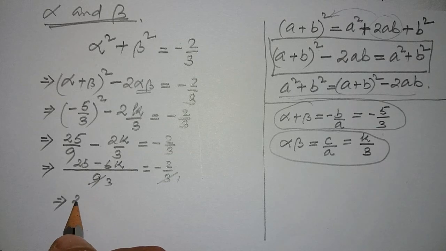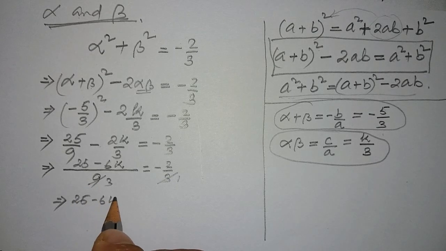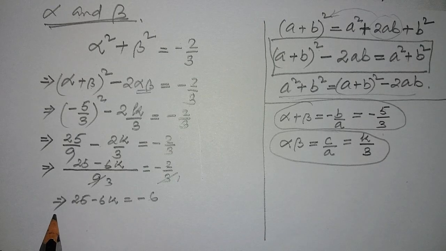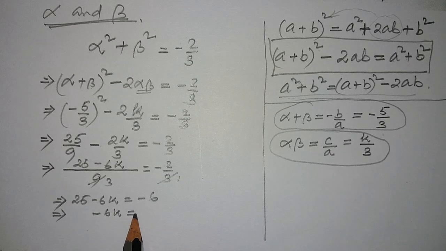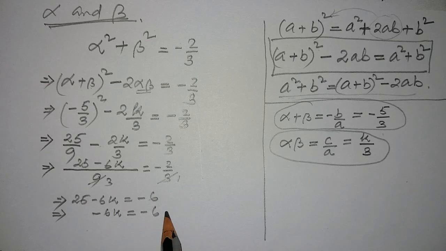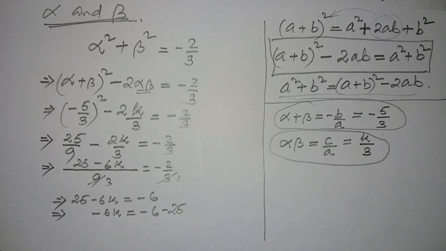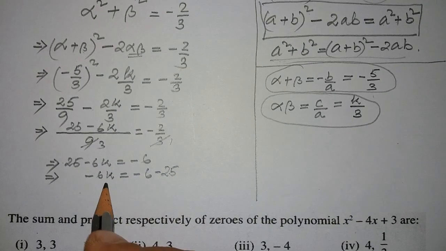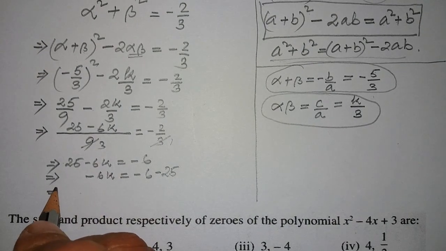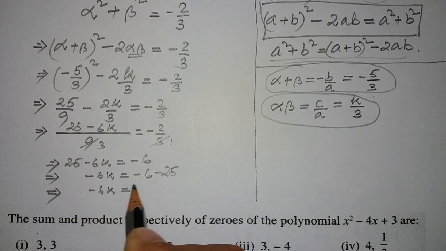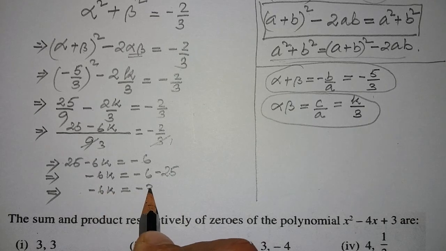So 25 minus 6k is equal to 3 2s are 6. Now this will give us minus 6k is equal to minus 6. Now we will transpose this 25 to the right hand side, so plus becomes minus 25. In the next step, minus 6k is equal to minus 31.